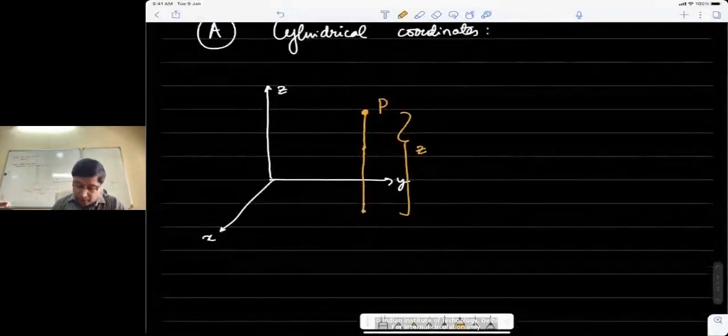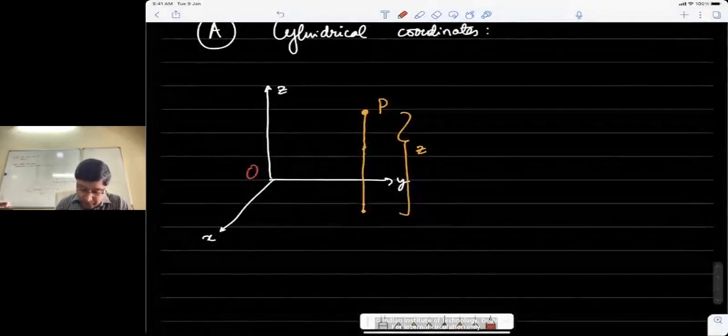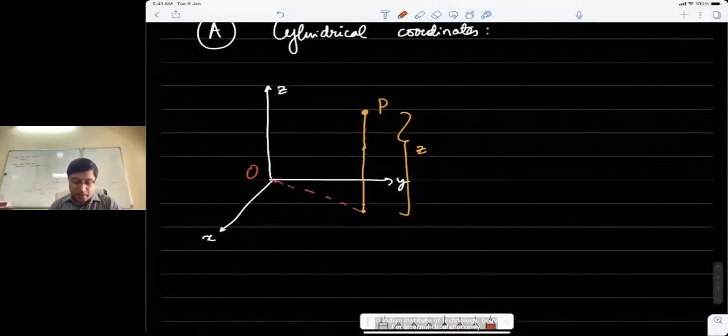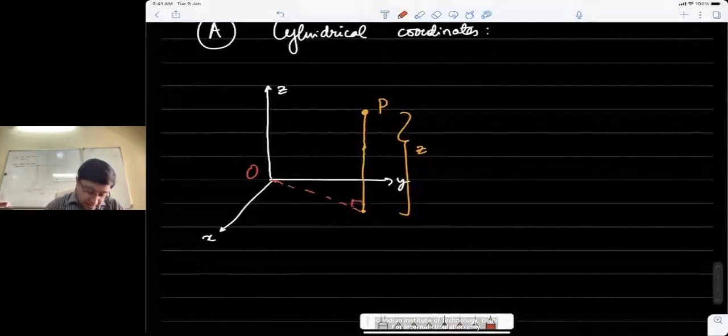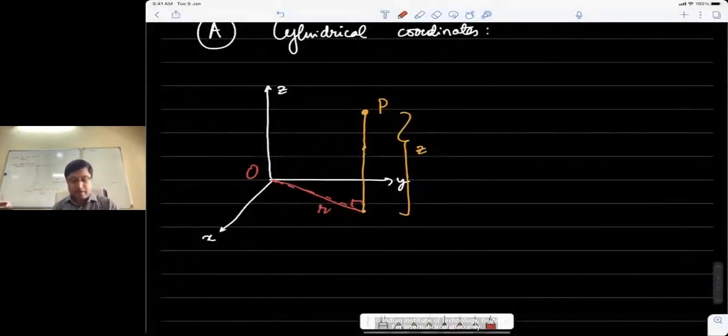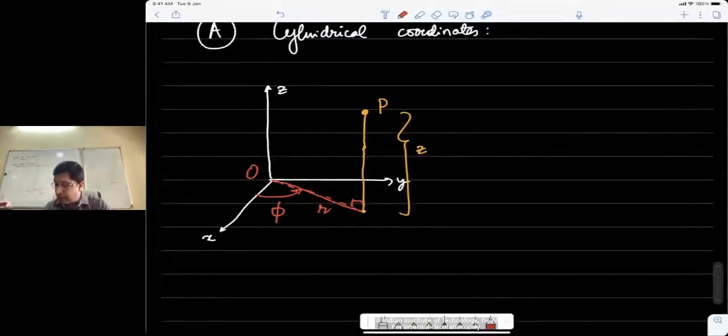And if I join the origin to this point where it is perpendicular, so this angle is 90 degrees there, this distance is the radius r, and the location from the x-axis is given by the angle phi, which is the azimuthal angle.